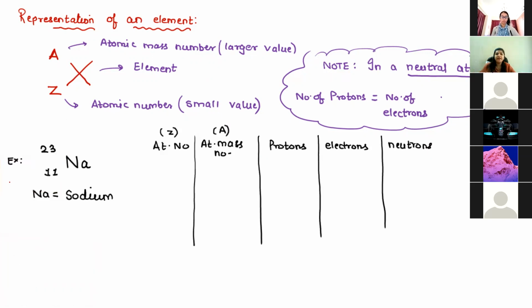What will be the atomic number for this element? 11, because Z is the lower number, so 11. What will be the atomic mass number? 23. Amima, tell me what will be the number of protons?